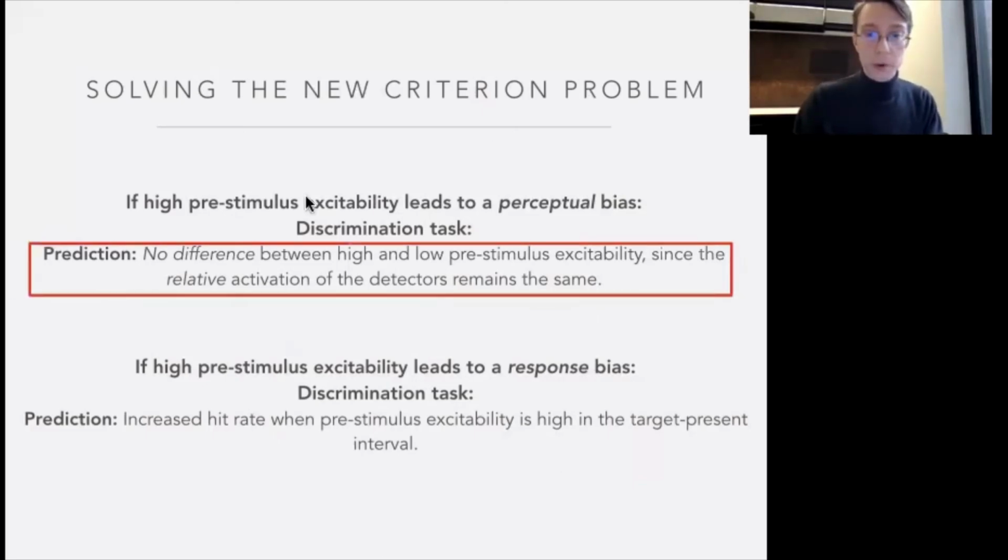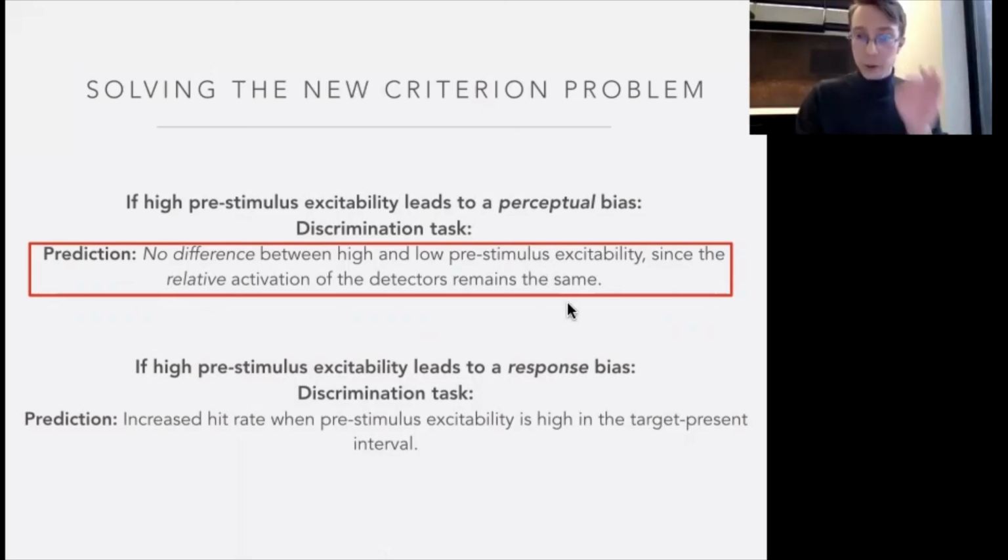And what they found was this, that high pre-stimulus excitability, indicated by weak alpha and beta power before the stimulus is presented, doesn't increase your performance on the discrimination task, but you still say that the stimulus is more visible.